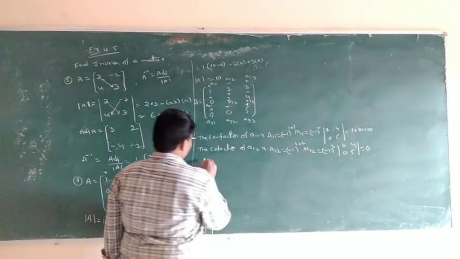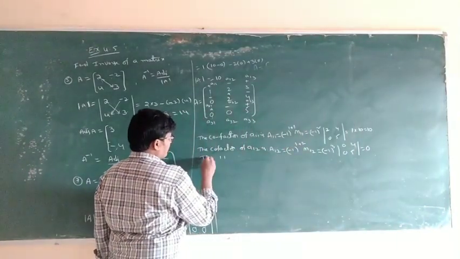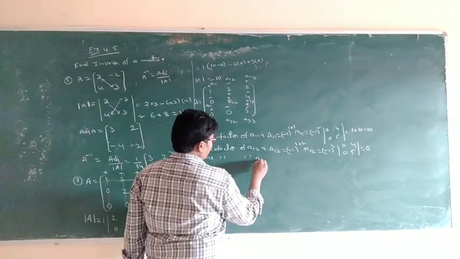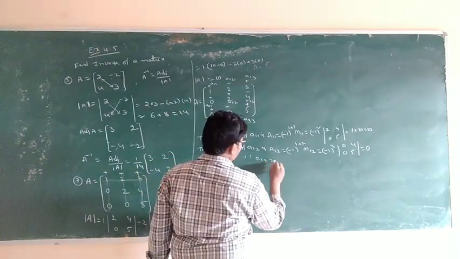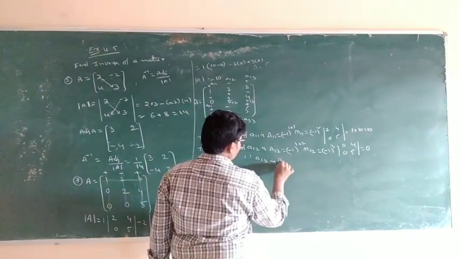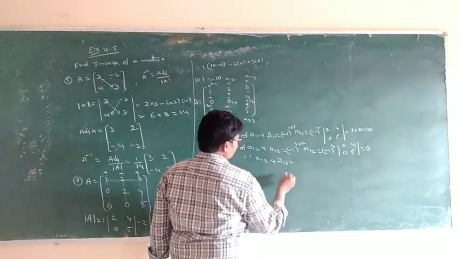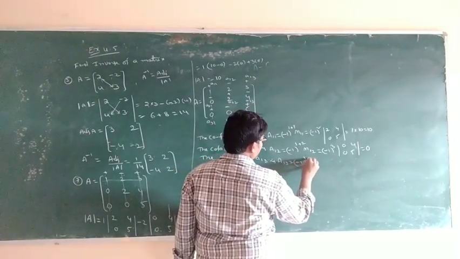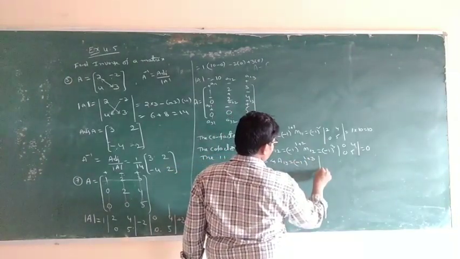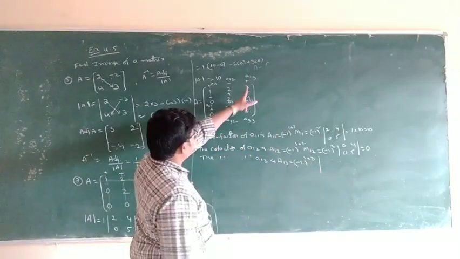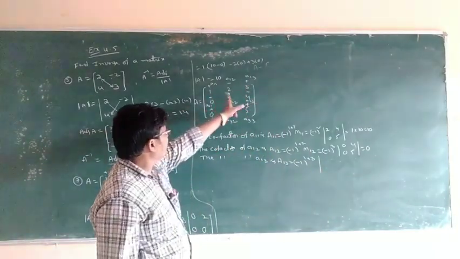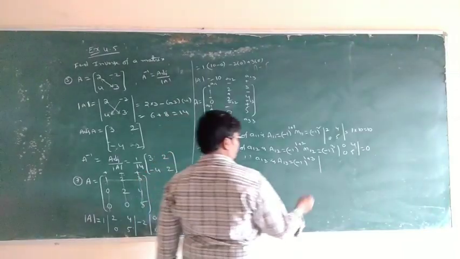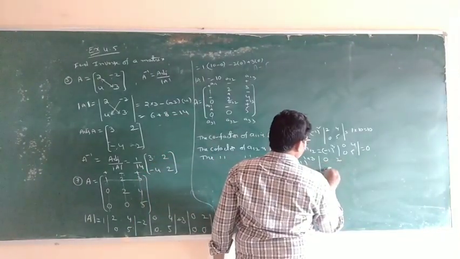Same, the cofactor of A13 is equal to minus 1 whole power 1 plus 3 into M13, with that element's corresponding row and column deleted, 0 2 0 0.